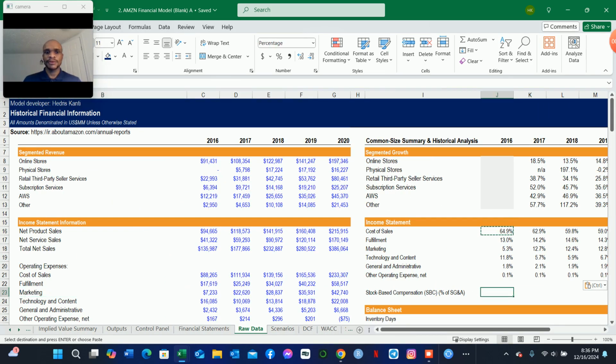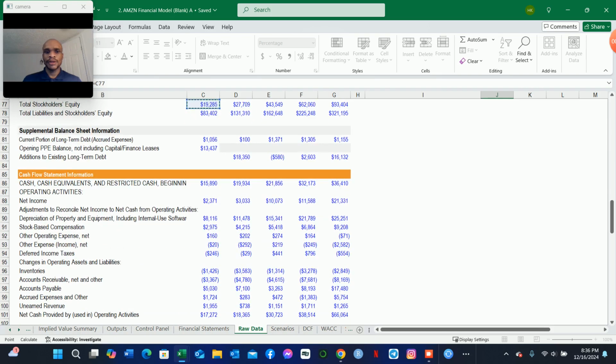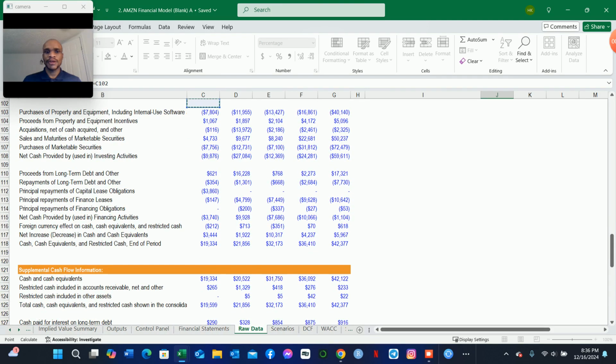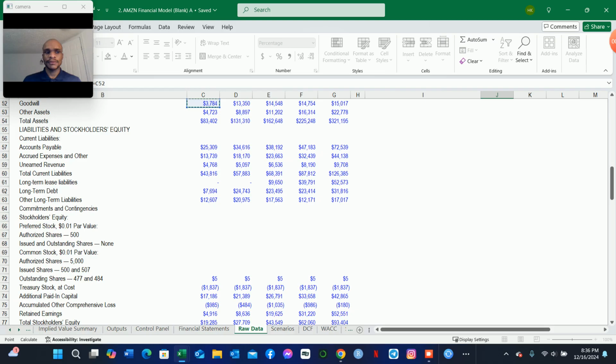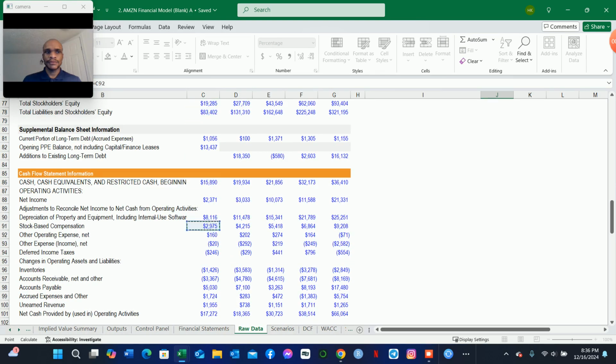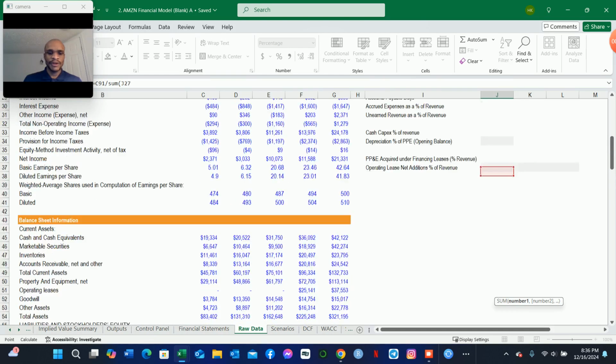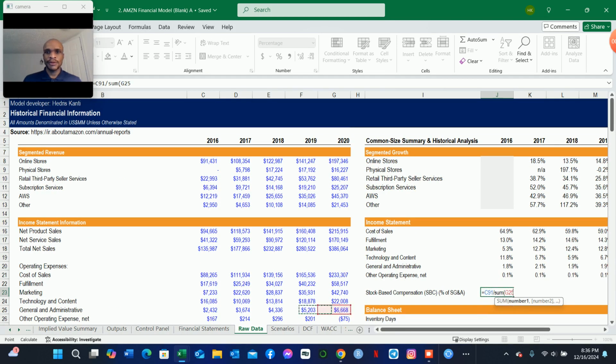So for stock-based compensation, it's gonna be equal to, we grab Amazon's non-cash stock-based compensation in the cash flow statement, and divided by the sum of all other items except cost of sales.